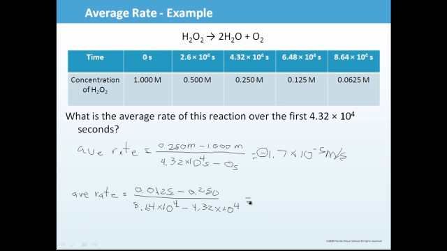Okay, so let's plug those in. For this one, again, we do end up with a negative value. All that tells us is that we're losing or lowering the concentration of the H2O2. And it's 4.3 times 10 to the negative 6 molar per second.